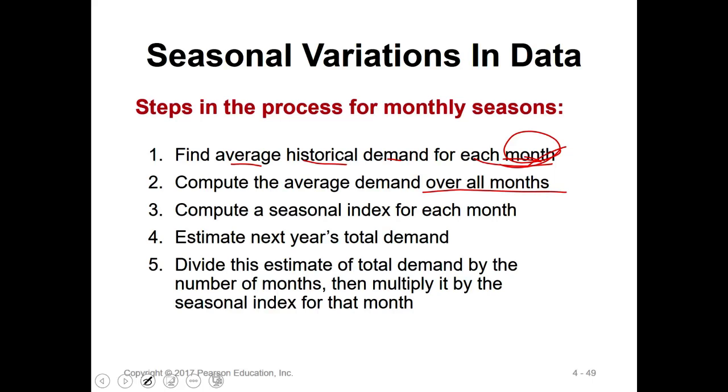And the third one is to find out the seasonal index. This is the key part of the calculation. How you use the seasonal index to adjust the average demand. And then we get the estimate for the total demand next year.